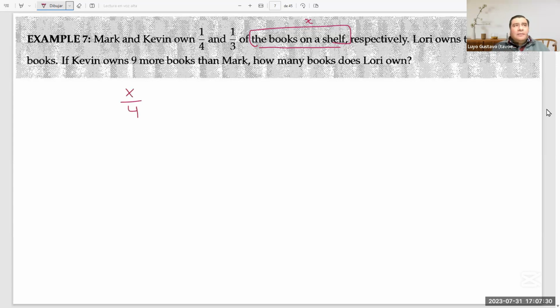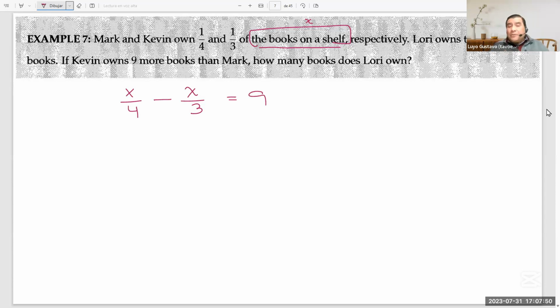And Kevin would be X over 3. And the third statement says, Kevin owns 9 more books than Mark. So that means that the difference between the numbers of books they possess is actually 9. From this, we can determine X easily.